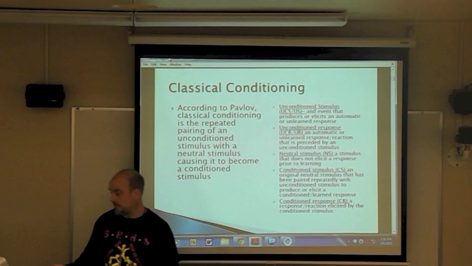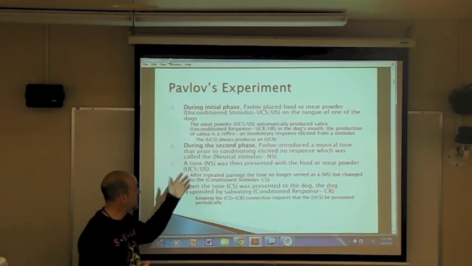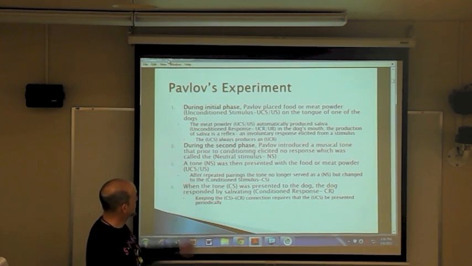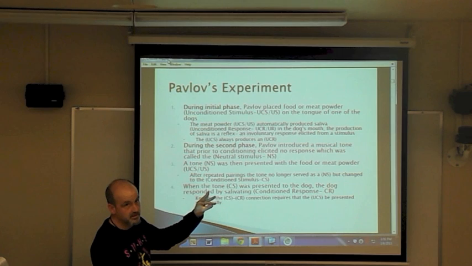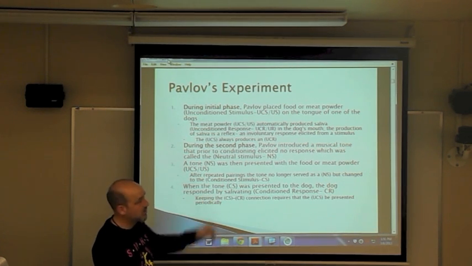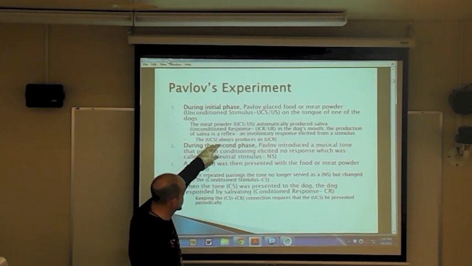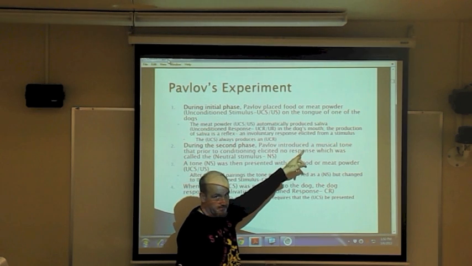Okay? Now, just to re-explain that, Pavlov's experiment. Pavlov placed food or meat powder, which again is an unconditioned stimulus. Food will unconditionally, you did not have to learn, cause a dog to salivate. So the meat powder, the UCS, unconditioned stimulus, automatically produced salivation.